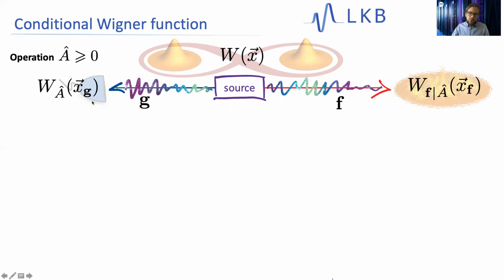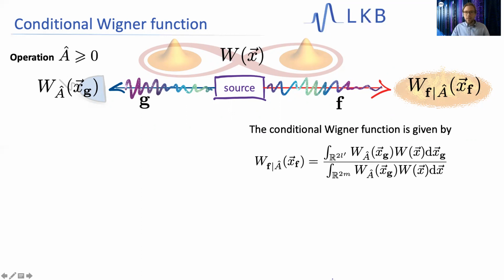Of course, this Wigner function is only defined on the phase space associated with the modes G, whereas this global Wigner function is defined on the full phase space. And then the Wigner function that we're actually interested in is a conditional Wigner function. This will only be defined on the phase space of F. So this conditional state Wigner function can be written down as follows, just translating basically what we had on the previous slide.